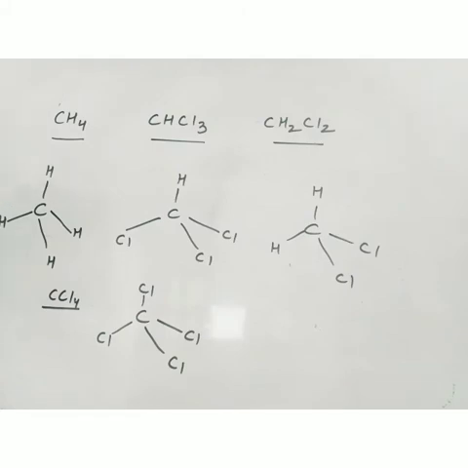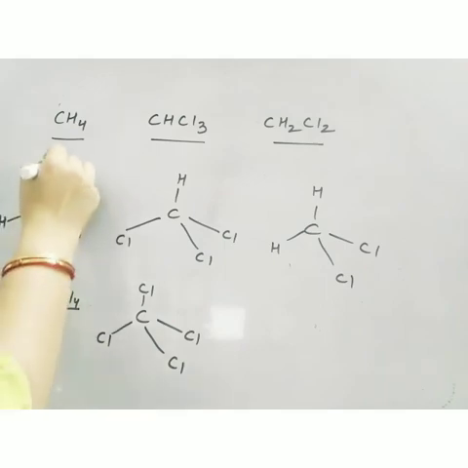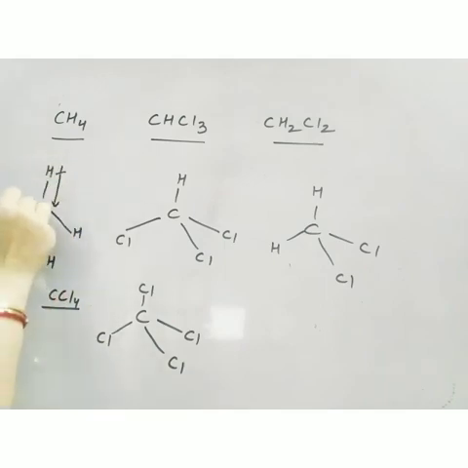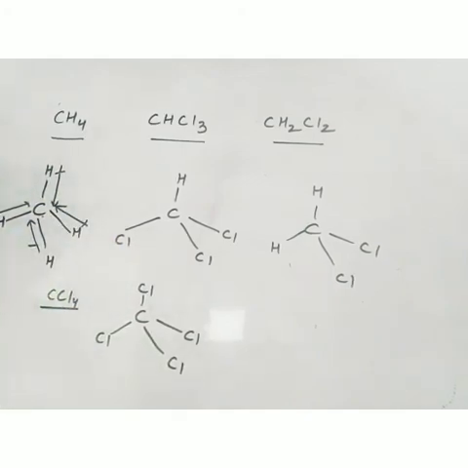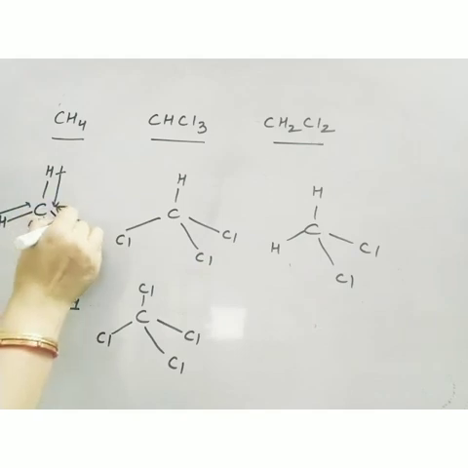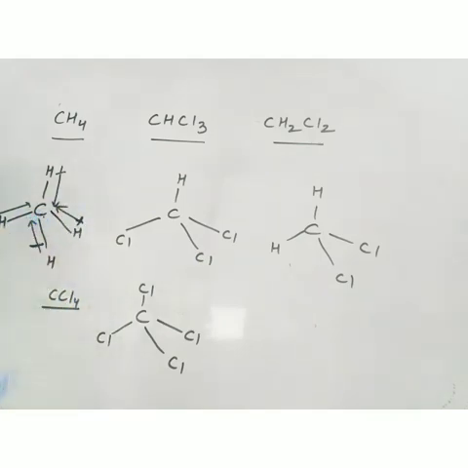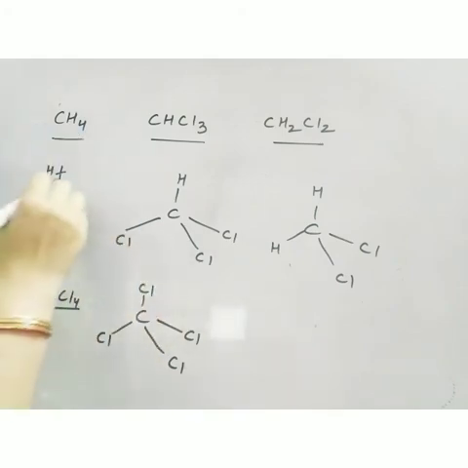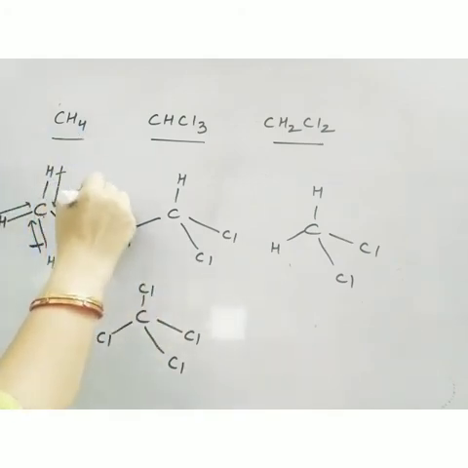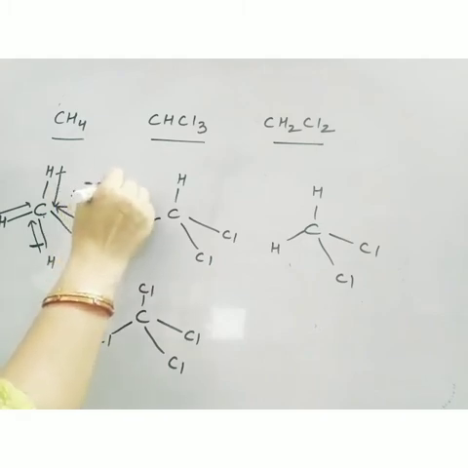1 question, 2 questions I am solving. This one. Now carbon is more electronegative. So 1, 2, 3 and 4. Okay. Now these 3 vectors are pointing towards carbon. Okay, like this. 1, 2 and 3.